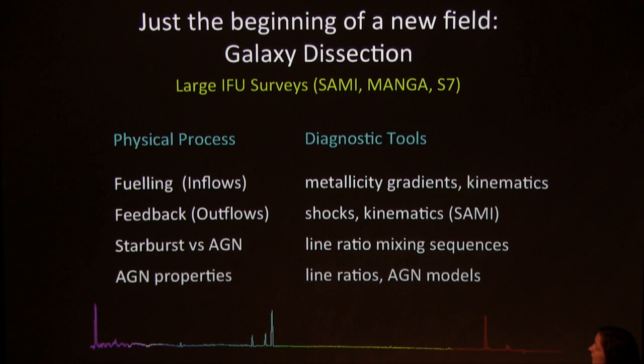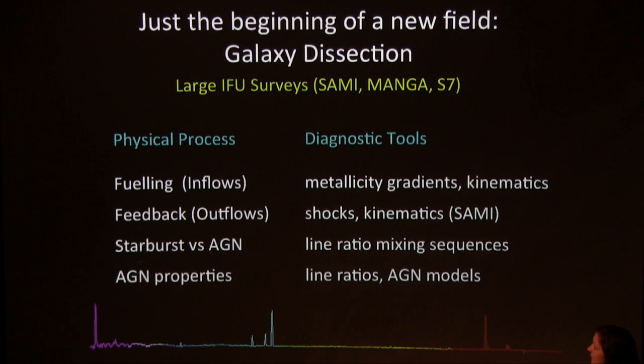So, for example, if we want to understand fueling of star formation or AGN, then we can use both metallicity gradients and gas kinematics, the velocity maps I showed you earlier. If we want to understand feedback and outflows and measure physical quantities from those outflows, then we can measure the shocks as well as looking at kinematics.